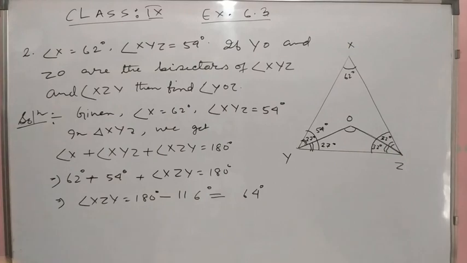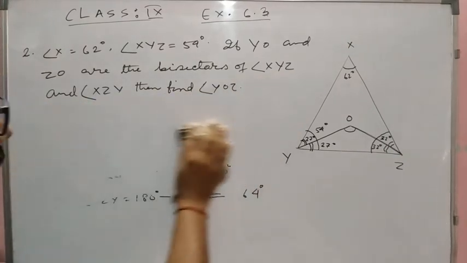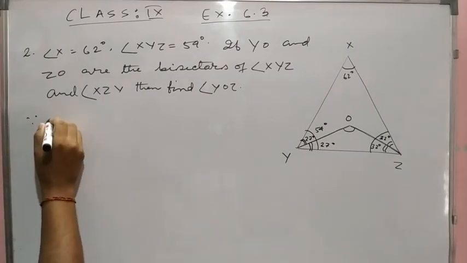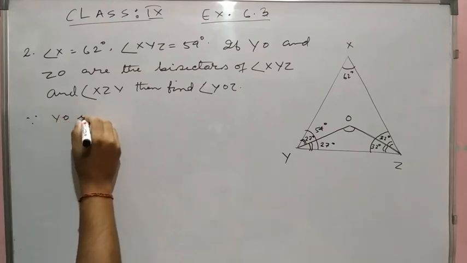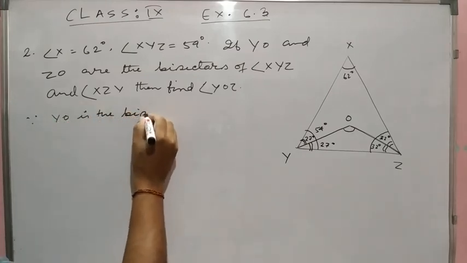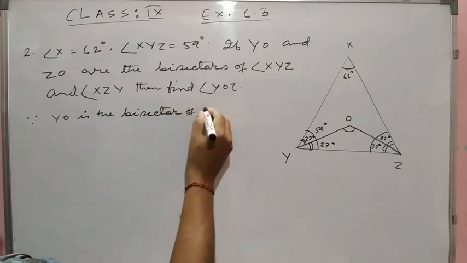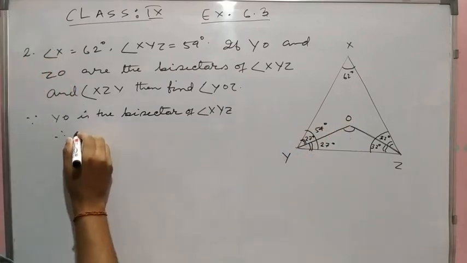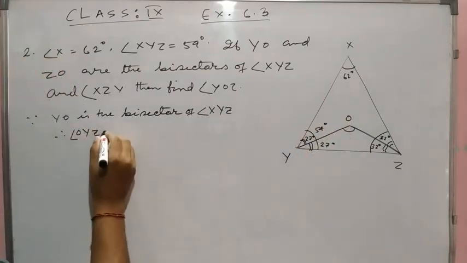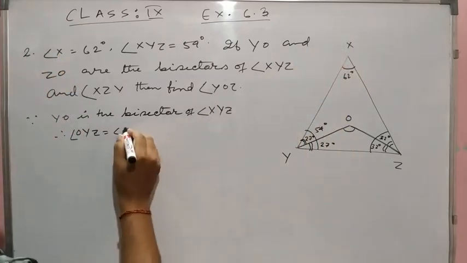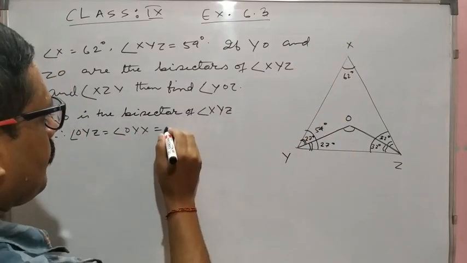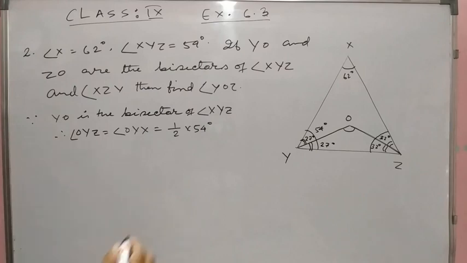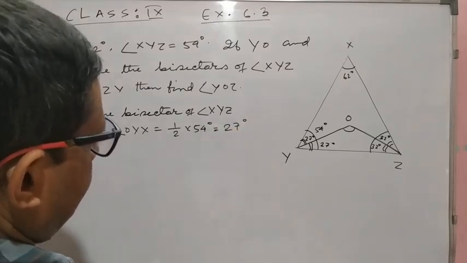Now let us see, since OY is the bisector of angle XYZ, therefore angle OYZ equals angle OYX equals half into 54. Bisector means half of the total, so it will be 27 degrees.